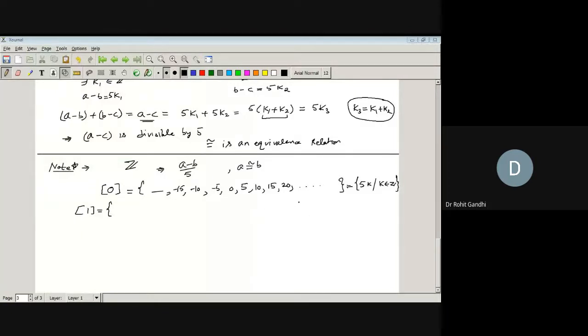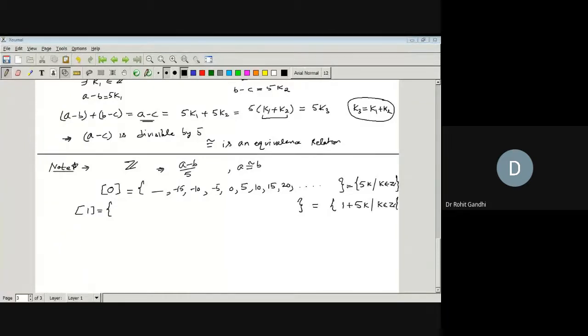Now suppose I am talking about 1, the equivalence class of 1. What will it contain? Yes, Jyoti Ruhan, आप ही बता दो बेटा. So 5k plus 1, where k belongs to the set of integers. I will write it like this: 1 plus 5k, such that k belongs to integers.